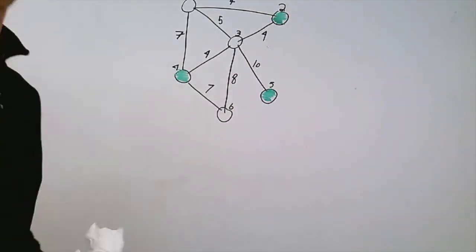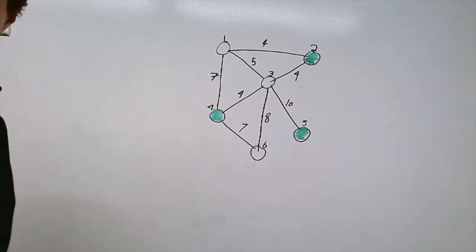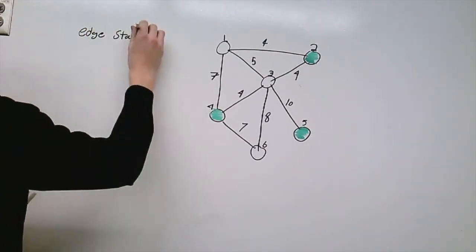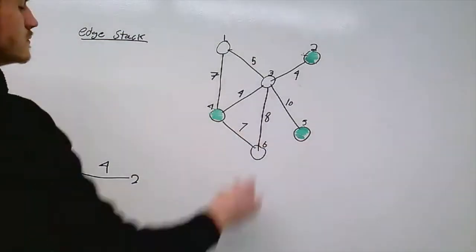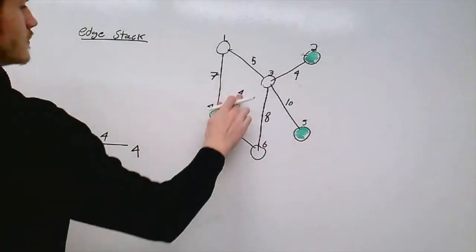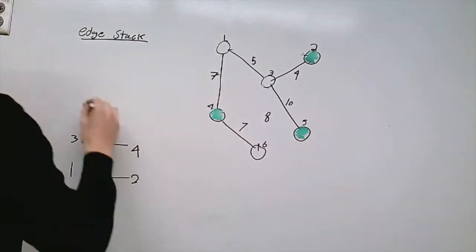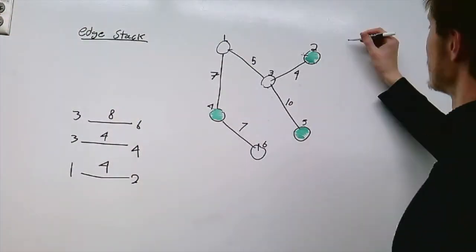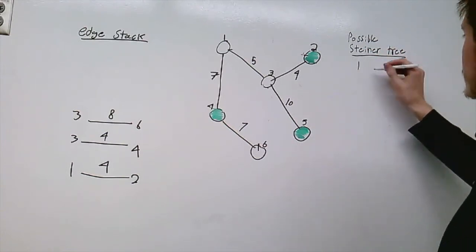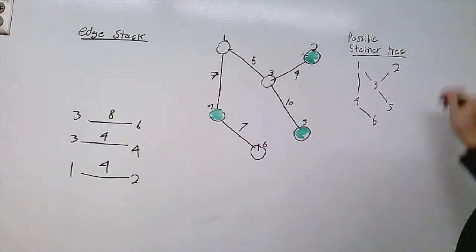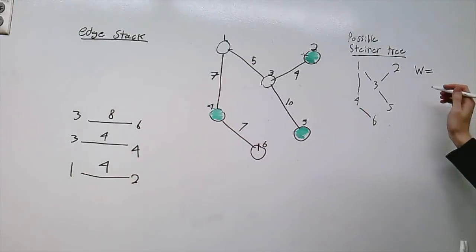Next, I create a stack for which the disregarded edges are going to be placed in. I randomly remove edges following my algorithm. We still have cycles, so I'm removing the edges, and now we get to our first possible Steiner tree. This Steiner tree ends up having a weight of 33.